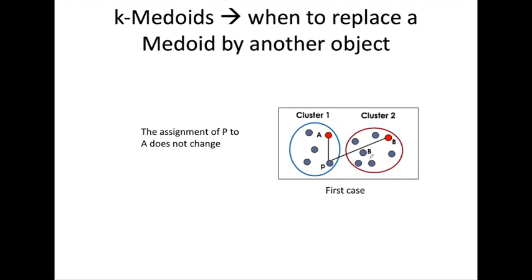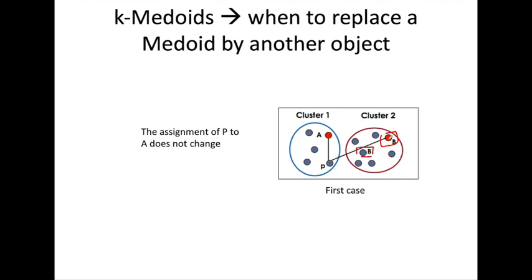Okay, let's say that before we have this B that is blue as a representative point, and now we want to change that with this red. In this particular case, let's say that we want to explore this point P, if we want to change it from the current cluster to the other one.